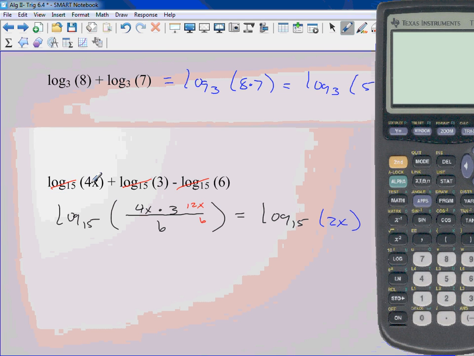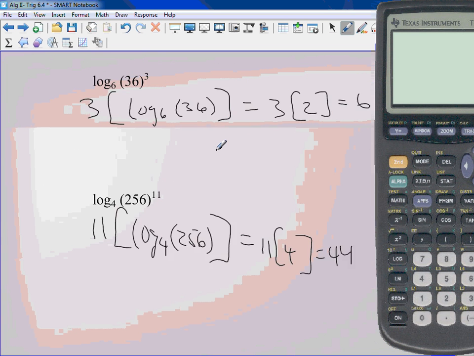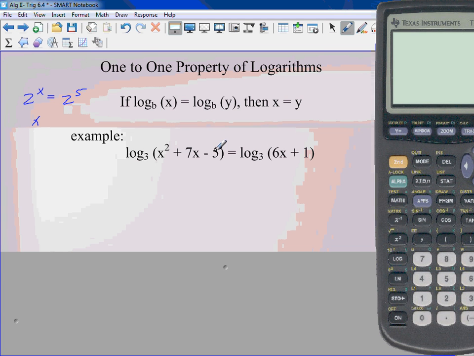If you just have log base 15 of 4x, log base 15 of 3, log base 15 of 6, because it's addition, you have to multiply, subtraction, you have to divide. What's different here? They are equal to one another. This whole side has to be the same base as the other side. Both of these are base 3s, right? The log base 3s will cancel out. I will be left with x squared plus 7x minus 5 equals 6x plus 1.